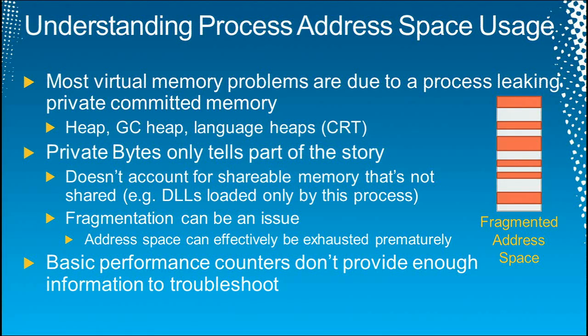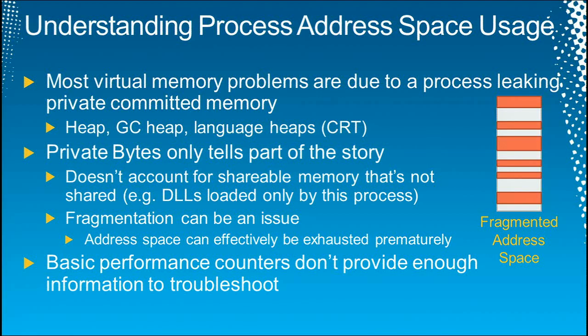That's by far the most common type of system impacting process problem, is they allocate data structures and they don't free them. And you end up with this leak that eventually ends up not only impacting that process, because as you can see, it ran out of address space. That caused the process to usually crash, but it also can impact the rest of the system, as we saw the paging file go up in size. And I'll talk more about system commit in a little bit and why that happened. But that's the number one cause, and so that's why private bytes is such an important counter.